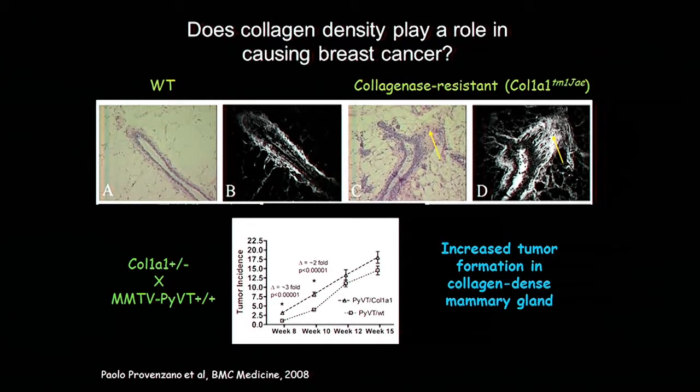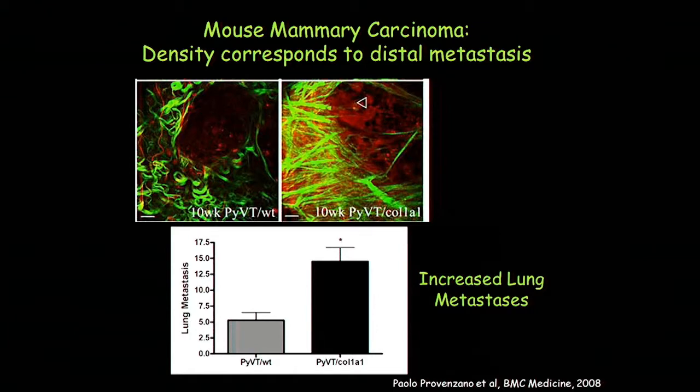What we did is we took these animals and we crossed them to one of our favorite models of breast cancer in mice called the polyoma middle T model. So these animals all get breast cancer. But what happened when we did it in this collagen-rich background is we had faster tumors and we had more of them. But the most striking difference is when we went to take those tumors out, to excise them, they were incredibly attached inside the wall of the animal.